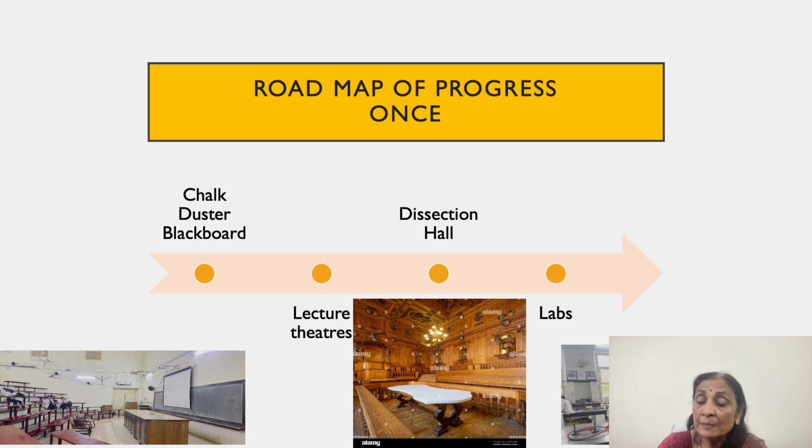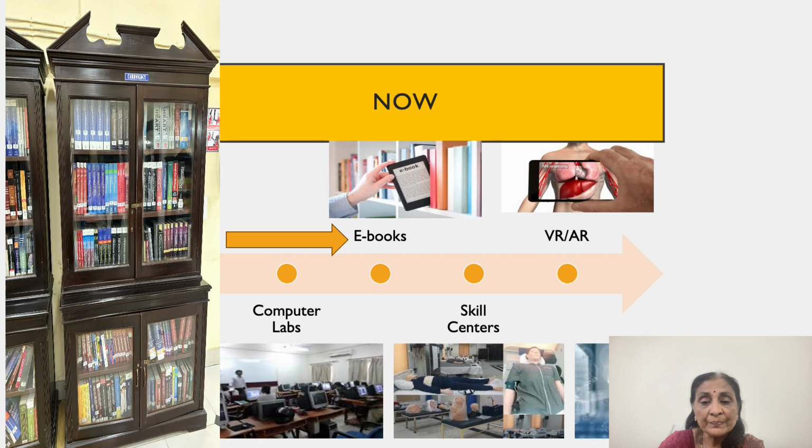I and many people like me, and still some people, learn by chalk, duster, blackboard in a lecture theatre which is sloping, semicircular. We have better dissection halls than shown here, but yes, dissection halls and labs as shown in this diagram.